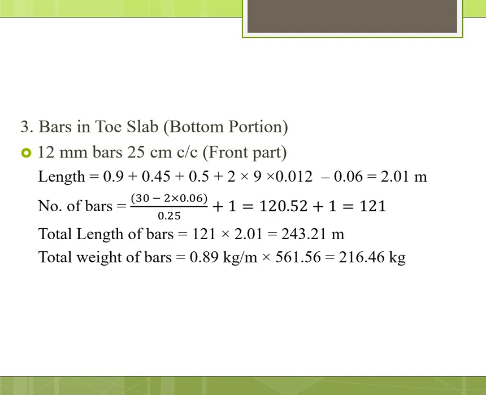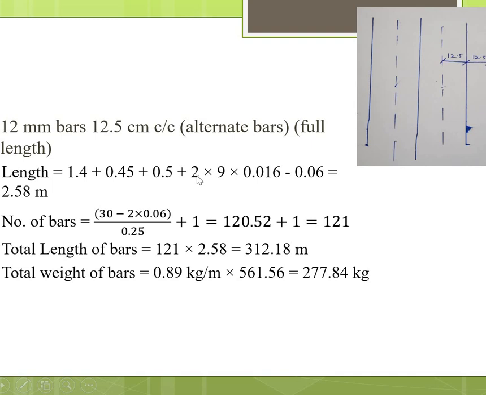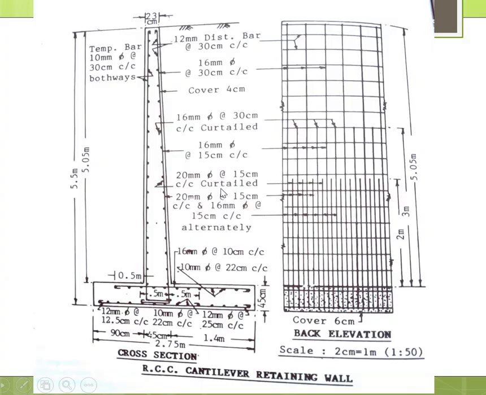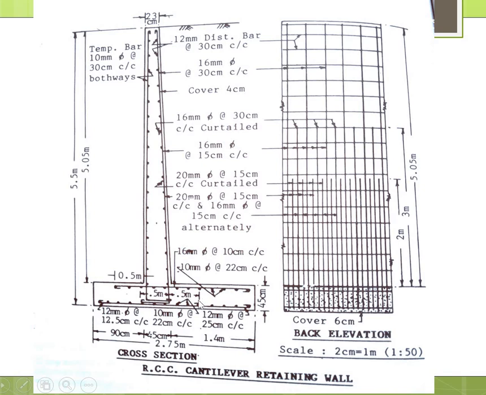The length is 0.9 plus 0.45 plus 0.5 plus 0.9 plus 0.5 plus 0.45 plus 0.5 plus 2 times the diameter. See this, we are discussing about this bar now.